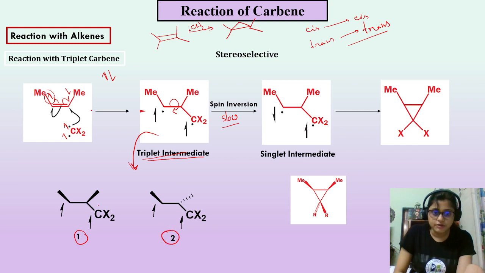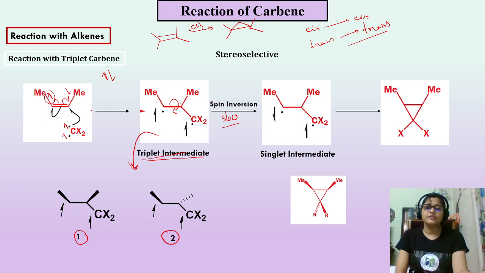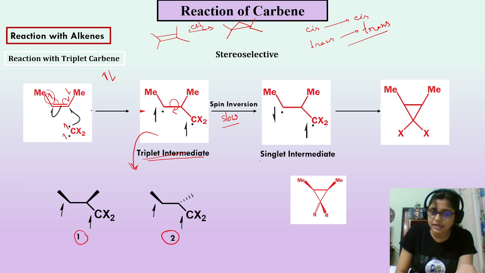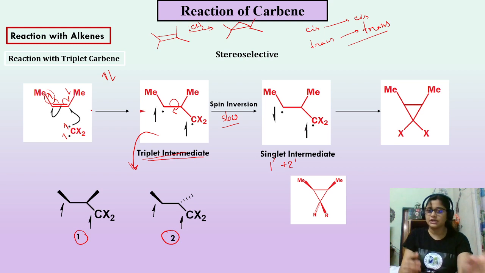In one, the groups are cis as in the reactant molecule, but if the rotation happens, it will be trans. Both are possible, and both will undergo spin inversion to form the singlet intermediates, let's say 1 dash and 2 dash. So it will be a mixture of 1 dash and 2 dash.